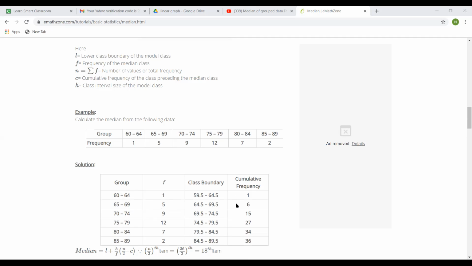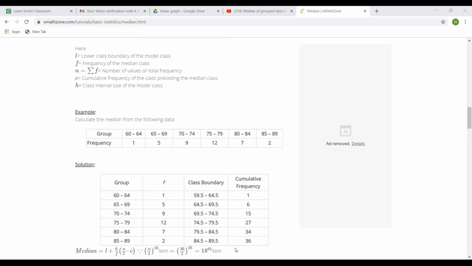So 1 plus 5 is 6, 6 plus 9 is 15, 15 plus 12 is 27, 27 plus 7 is 34, and 34 plus 2 equals 36.